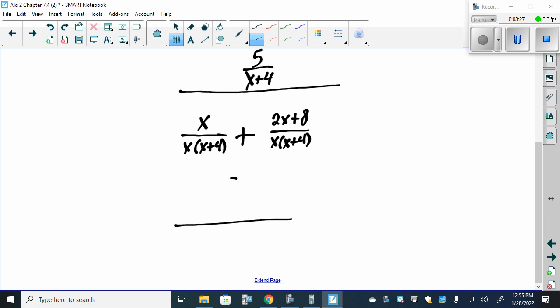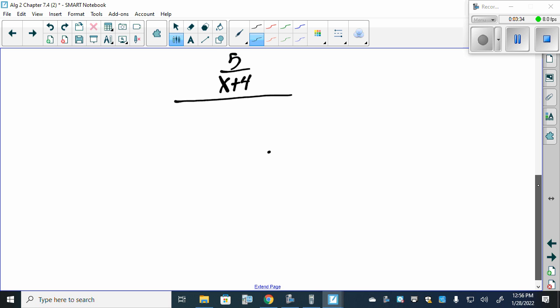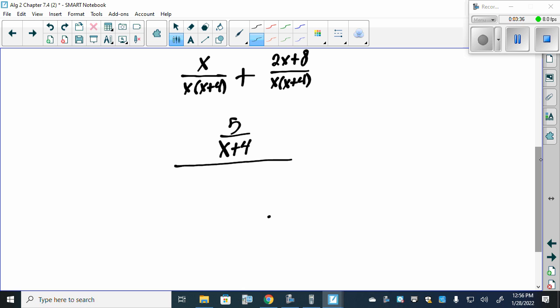Since we do have the denominators finally the exact same, we can add the numerators. So on top we have x plus 2x, which is 3x, because I have 2 and I add 1 more to it, we get a total of 3.